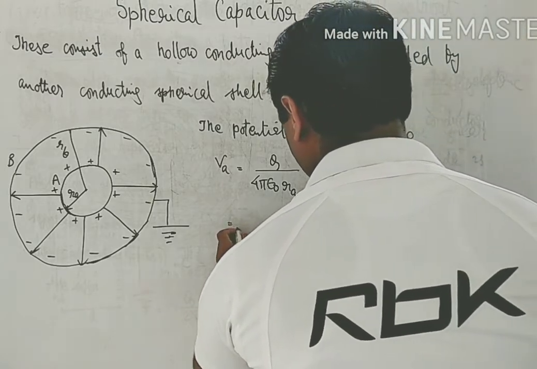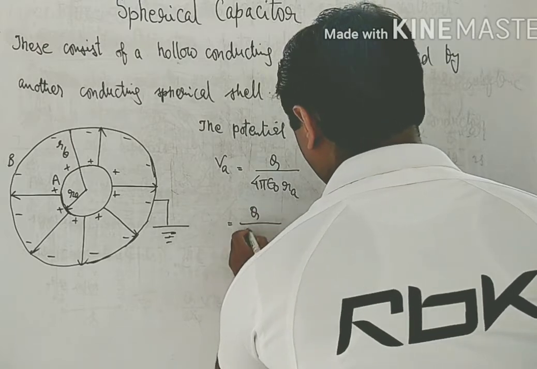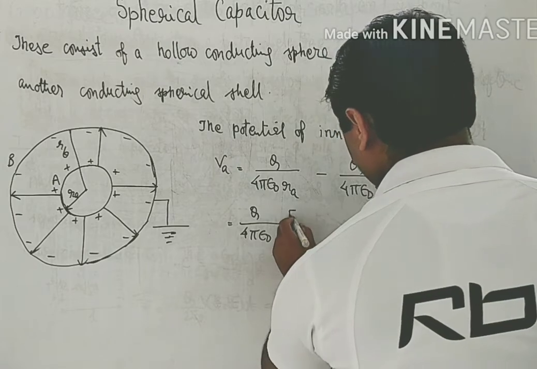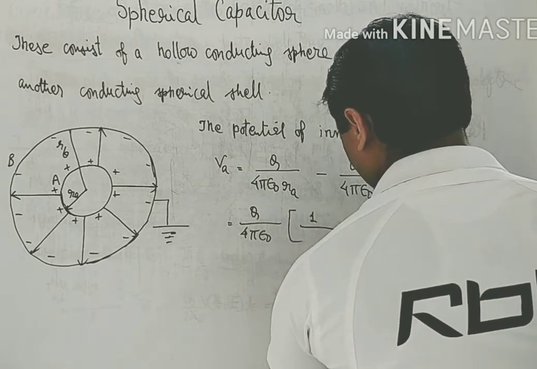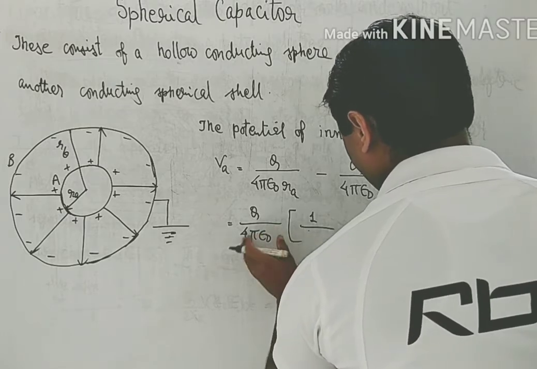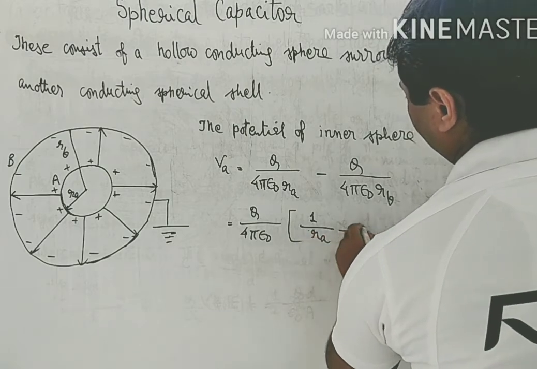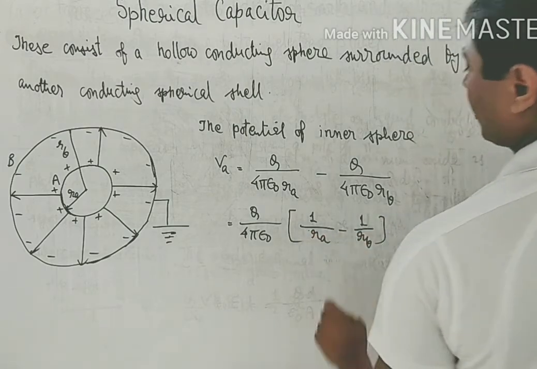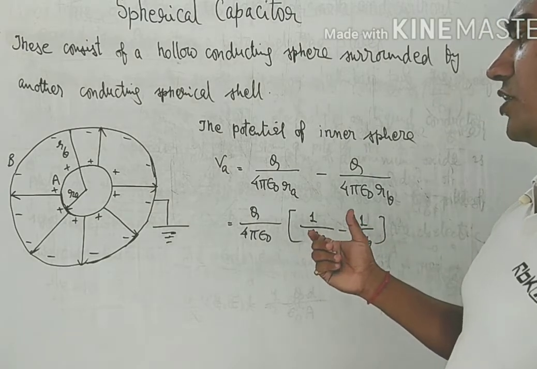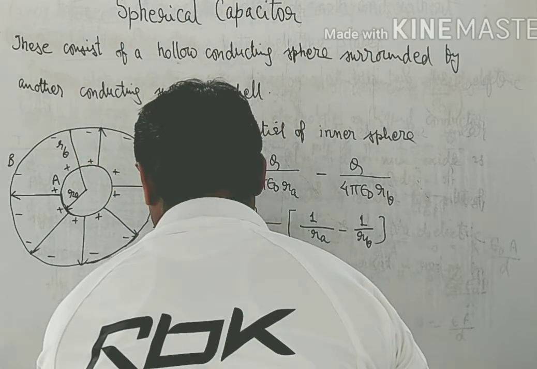Now you can take Q upon 4 pi epsilon naught as a common term, and here you can write 1 upon RA minus 1 upon RB. So this will actually be the potential difference.